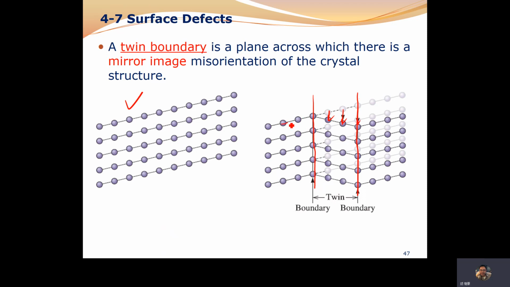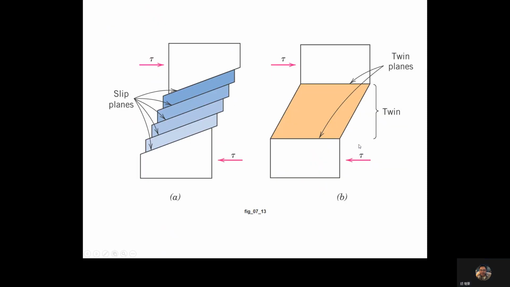So we can look at the structure as a mirror image. It's symmetric. This is the mirror, and it's symmetric.